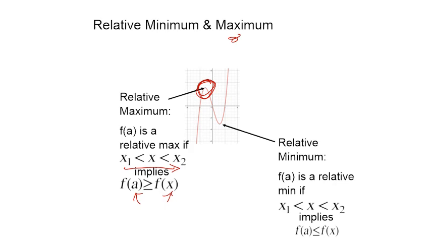For a relative minimum, as we're moving left to right on our graph, if the output of your minimum is less than the output of any of the other points in that general region, then it would be a relative minimum.